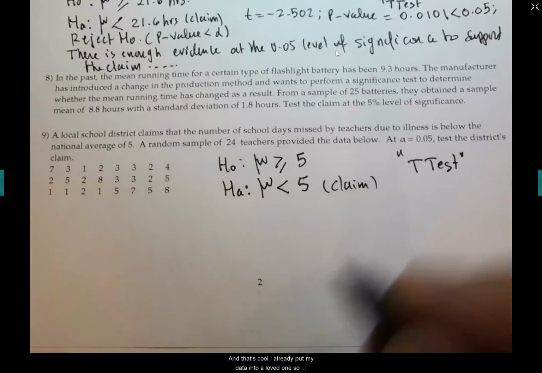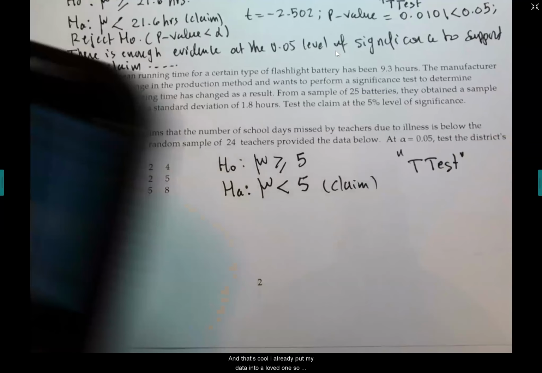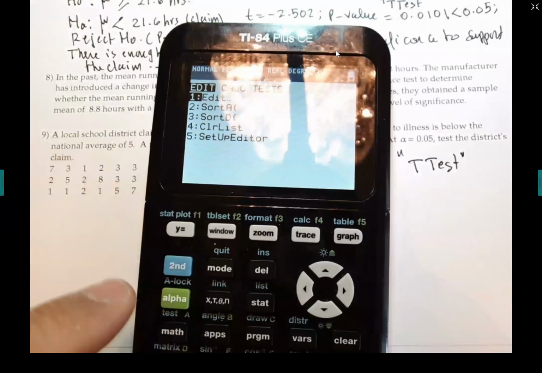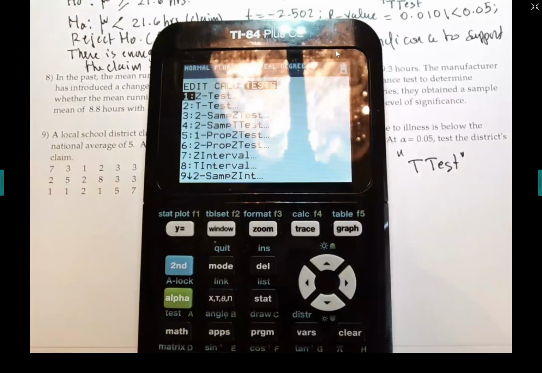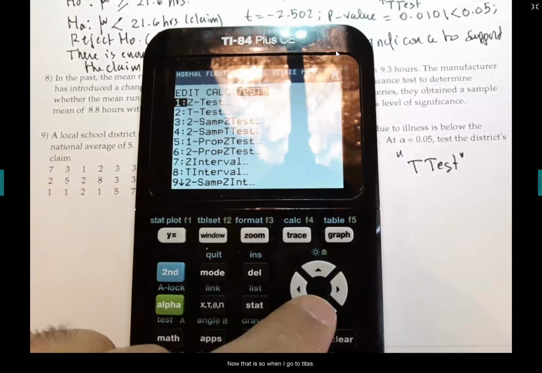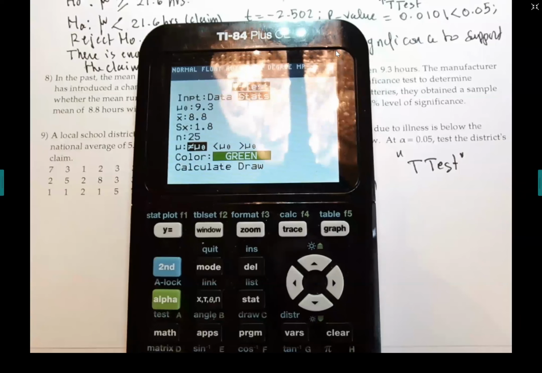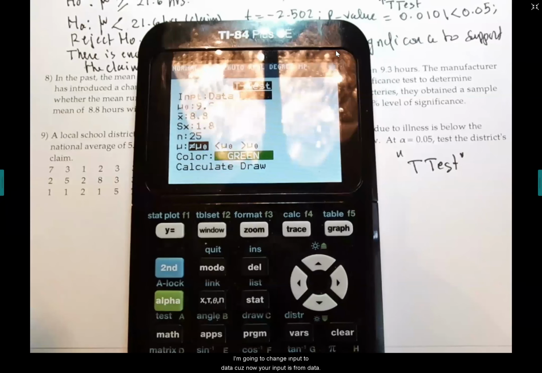I already put my data into L1. So I'm going to go to the calculator, stat, tests, t-test. I'm going to change input to data, because now your input is from data.